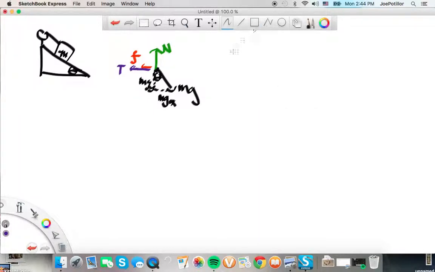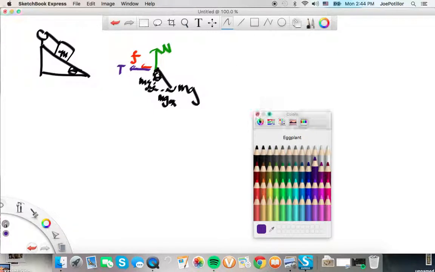Next, we need to set up the pulley of radius r and the tension force. So this over here is our FBD, and this is the pulley.